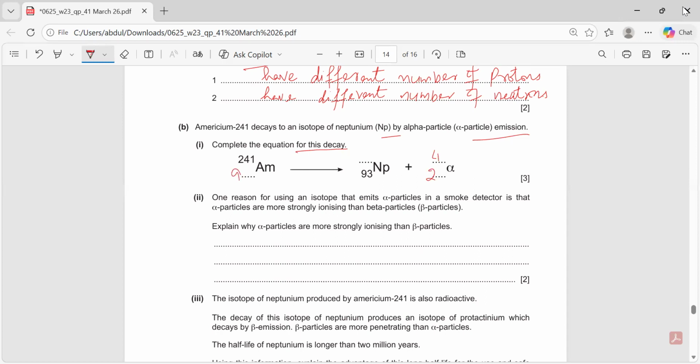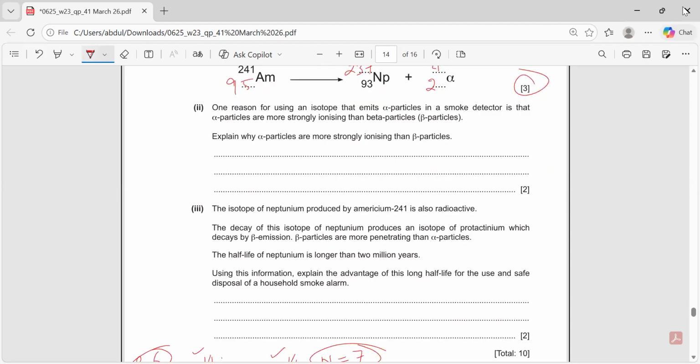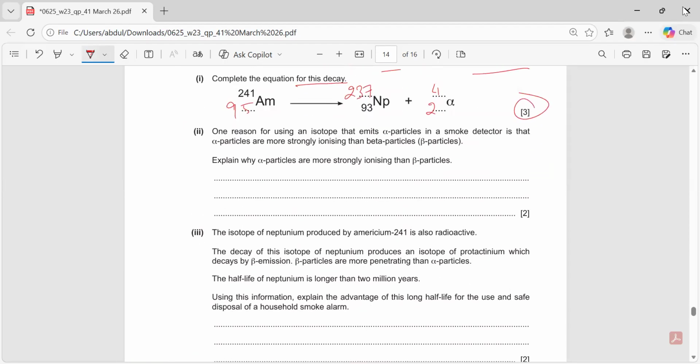Here it should be 95, because the number of protons, or the charge number, is consistent before and after the alpha decay. So 95 is equal to 93 plus 2. Also 241, so here minus 4, so 237. Now 237 plus 4, 241. No need to waste a lot of time. We have done this question many times already.